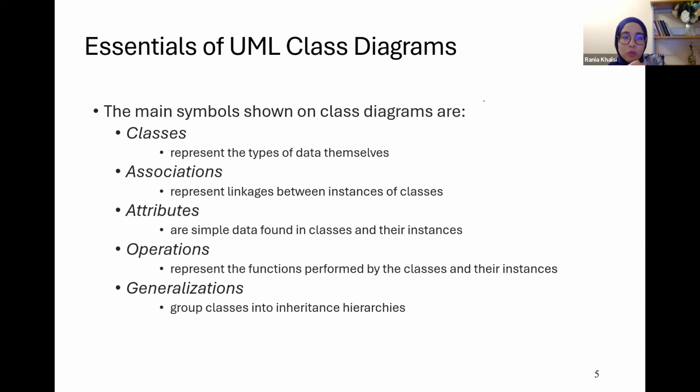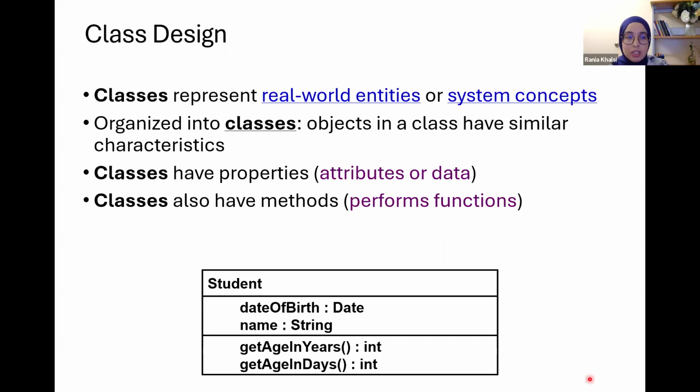And why we use generalization mainly, as I mentioned, is that it's a way to make your class diagram easier to understand, or I would say it improves the reusability of your diagram, okay? So this is the example I was giving you, and this is the importance of the generalization in general.